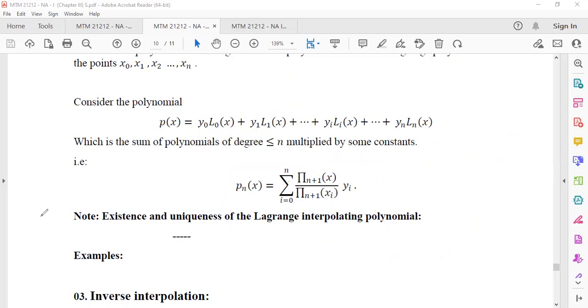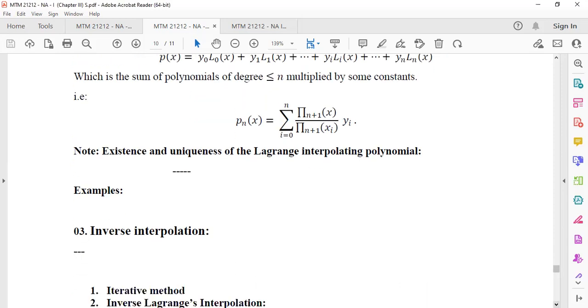So let's go for one note. I just put the heading because I didn't type it yet, so I will write it on the board. First of all, you put the heading under the note: existence and uniqueness of the Lagrange interpolating polynomial. We have to make sure it exists as well as that it is unique, so that everyone should have the same answers.